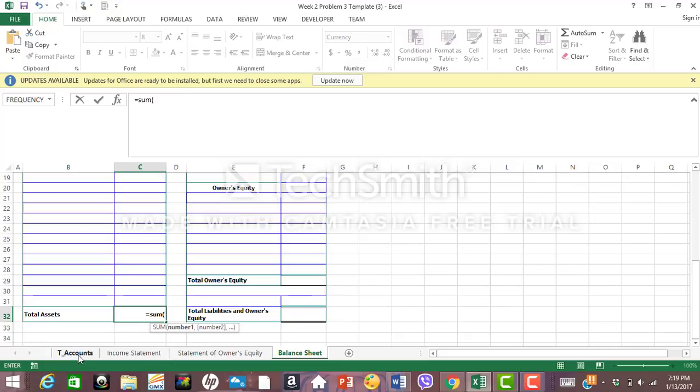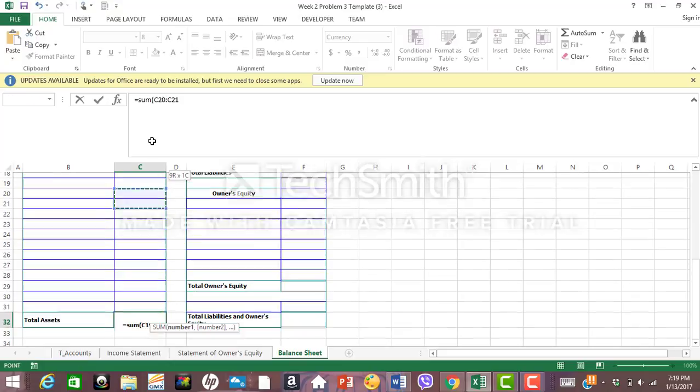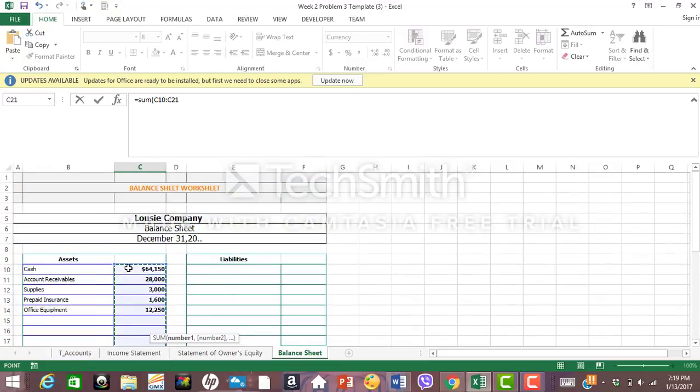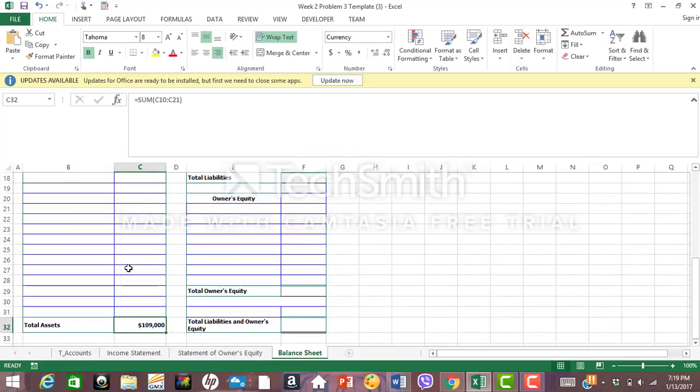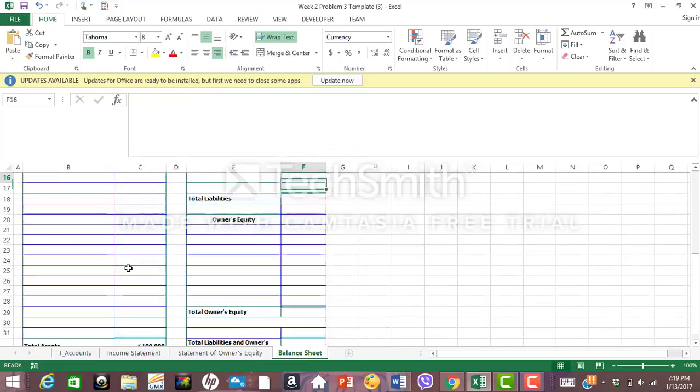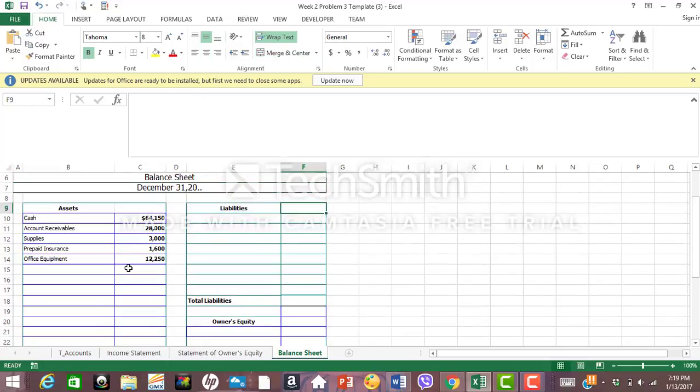So this would be the sum of these right here. Your total assets will be 109,000.